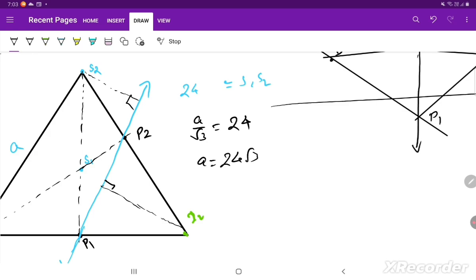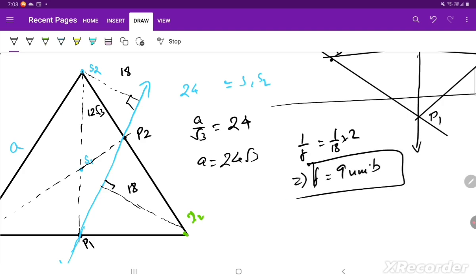We know this will be a by 2, and a by 2 is 12 root 3. So S2P2 is 12 root 3. So the perpendicular distance of S2 from the lens is 12 root 3 into root 3 by 2, which gives us 18 units. Similarly, the perpendicular from I2 on the lens will be 18. Thus 1 by f is equal to 1 by 18 into 2. From here f is equal to 9 units. Hence we get our result.